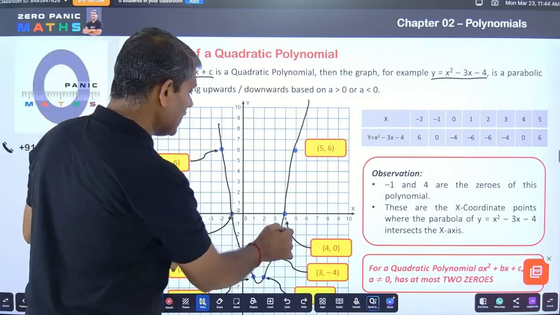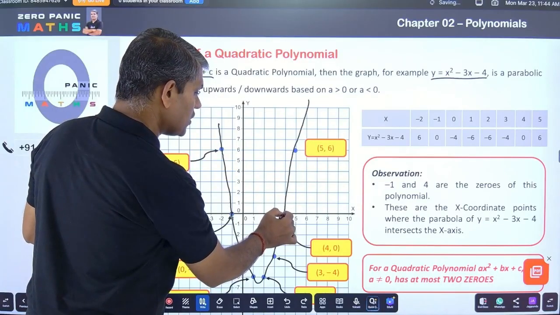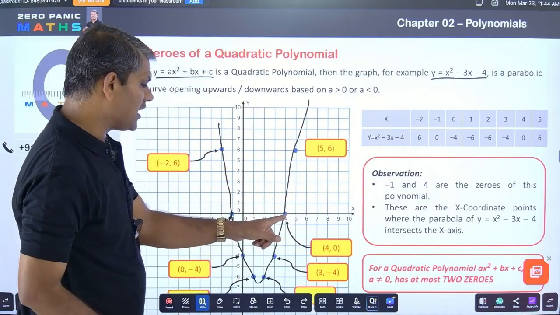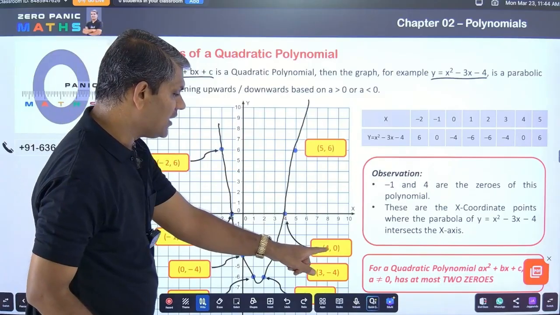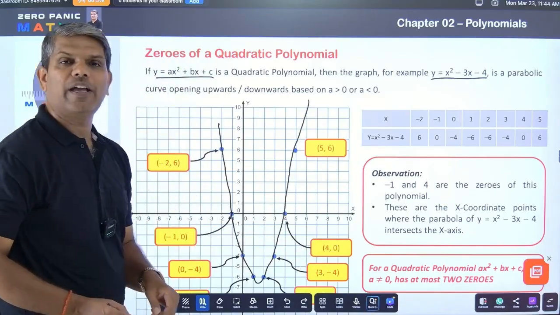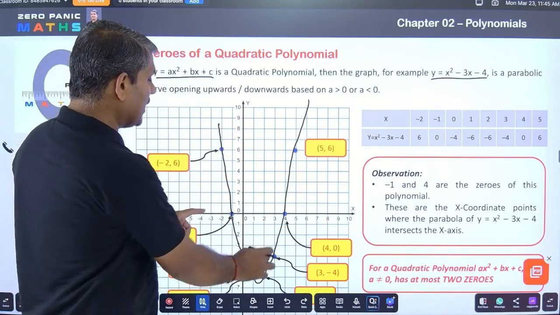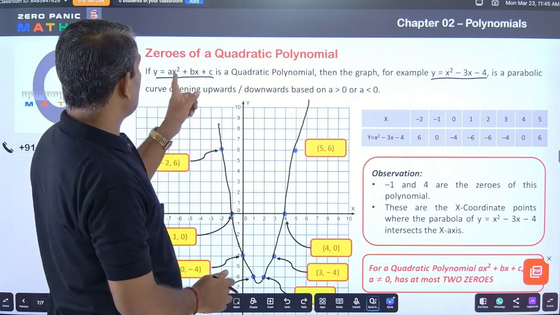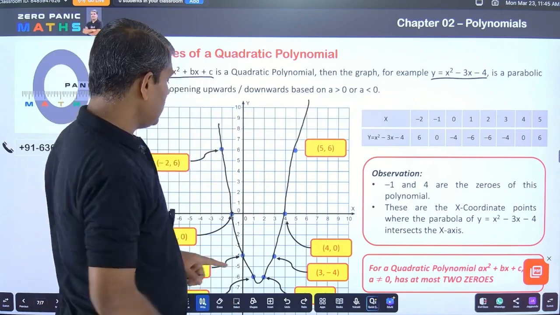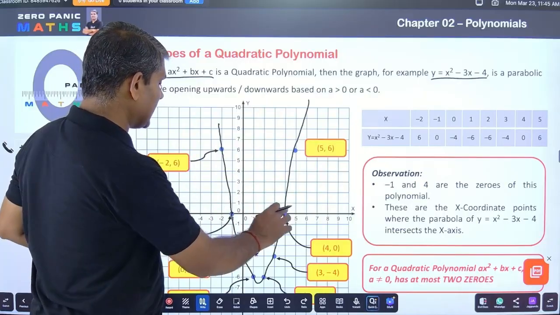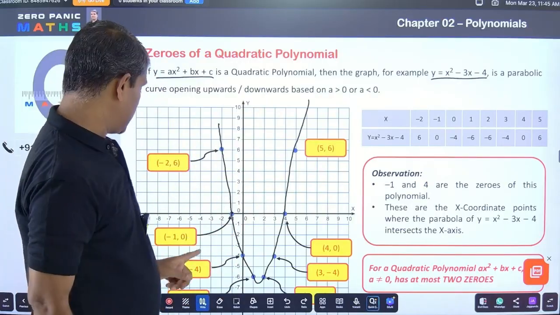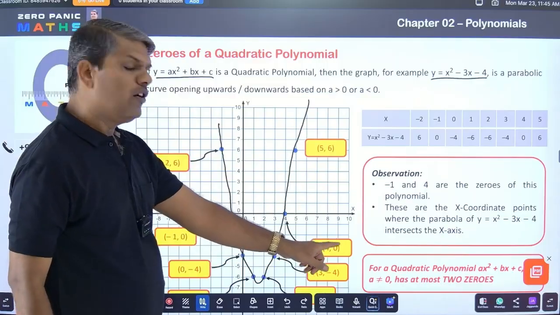Another point is on the positive side of the x-axis, where it is cutting the x-axis at 4, 0. What we observed is that the parabola for y equal to the given equation is cutting the x-axis at 2 different points, minus 1, 0 and 4, 0.